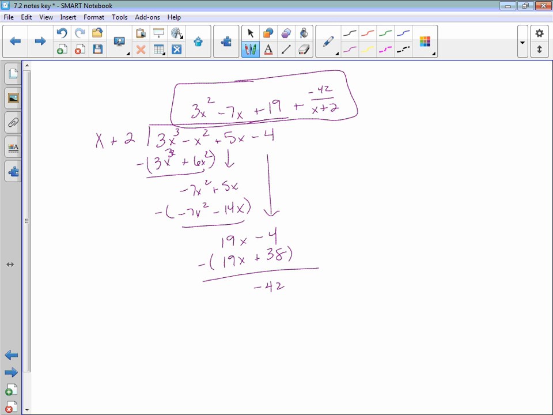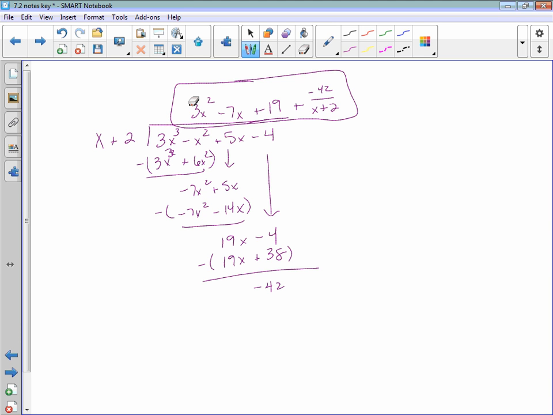So, we got 6x squared. Well, what's 3x squared times 2? 6x squared. Negative 1x squared minus 6x squared is negative 7x squared.